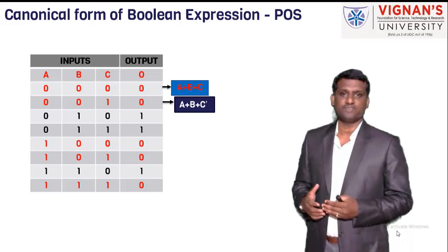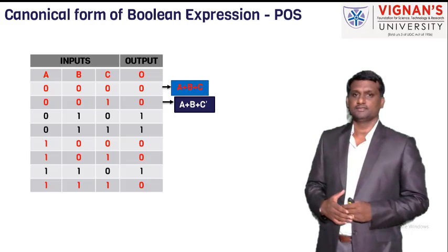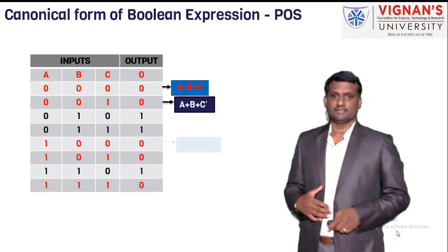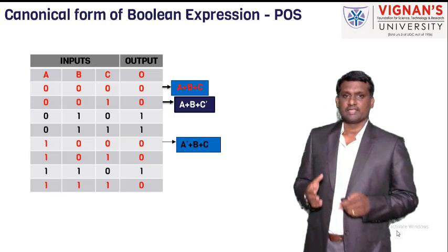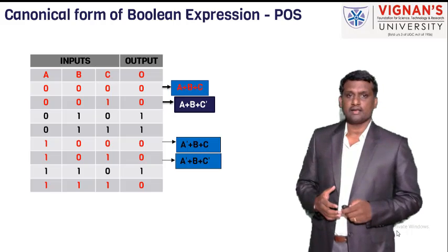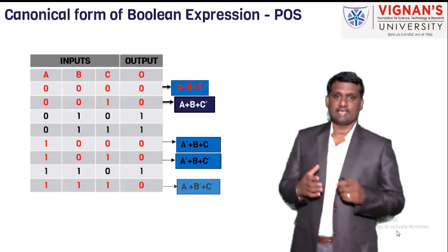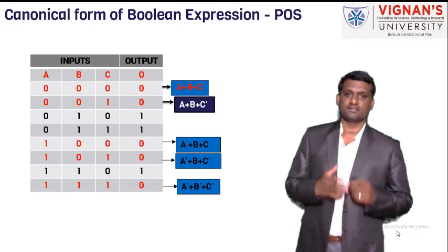The sum term for that combination is A plus B plus C bar. Likewise, the remaining terms are A bar plus B plus C, A bar plus B plus C bar, and A bar plus B bar plus C bar.